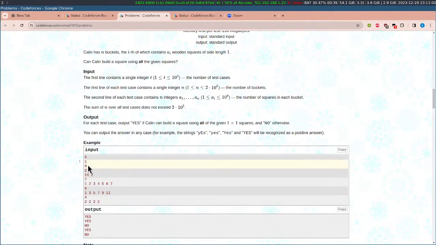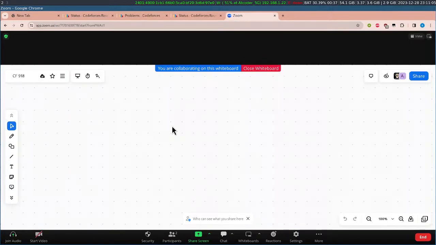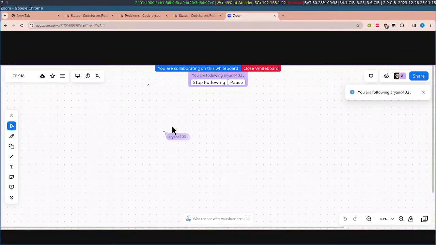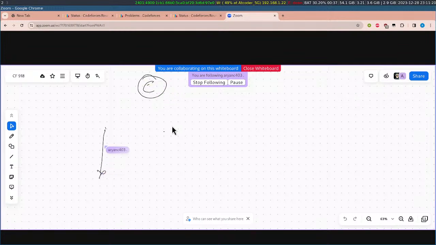First, let's look at what's the property required to create a square over here. If we want to create a square of length x, we will need all 1 cross 1 squares.